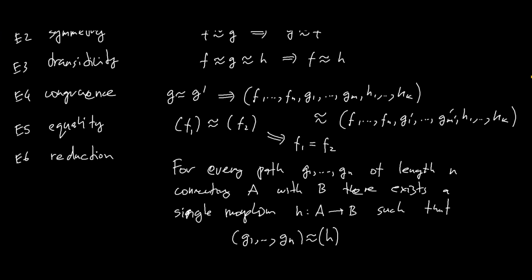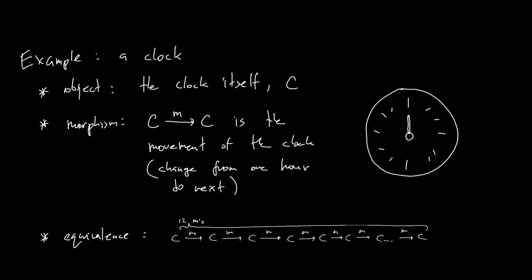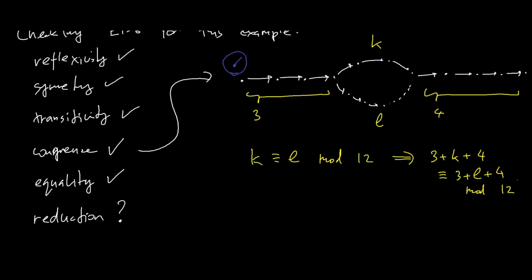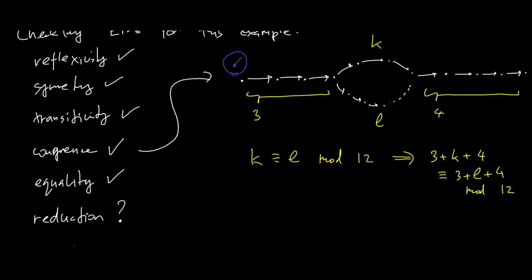And now you see we have a scenario where we built a graph with equivalence that satisfies all the axioms except this last one. But we need the last axiom in order for this to form a category.